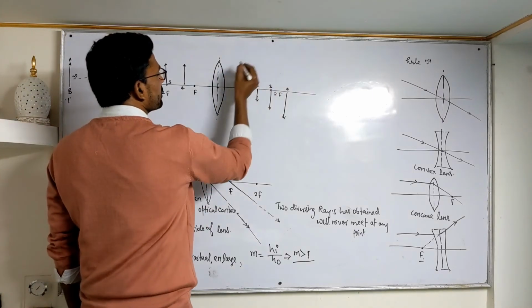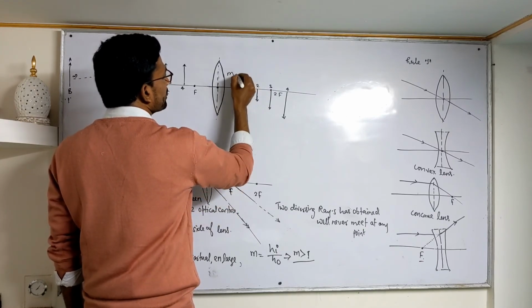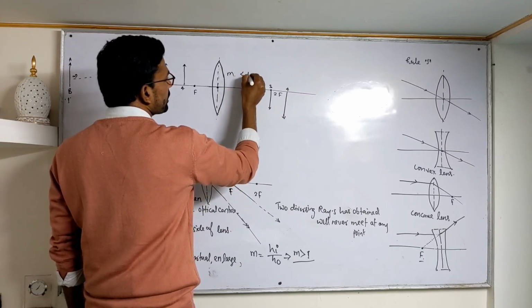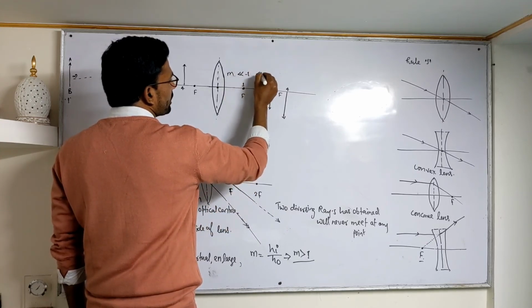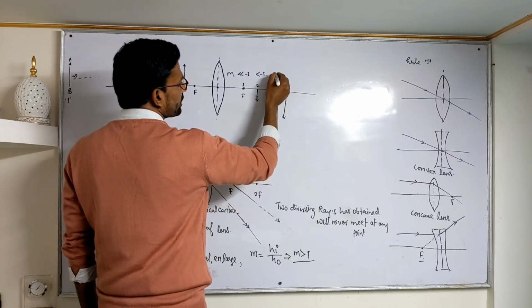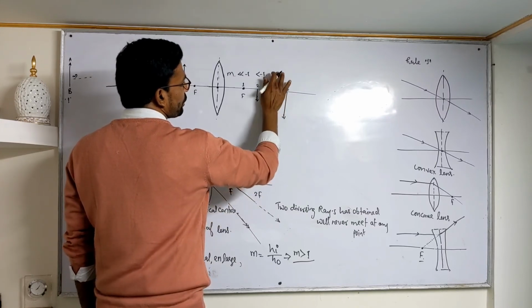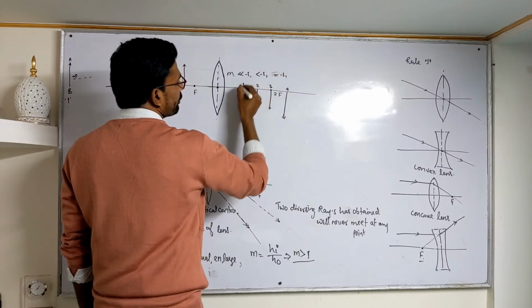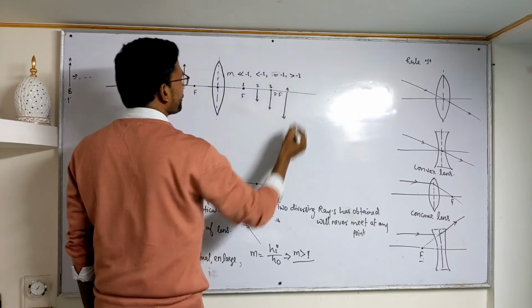Magnification I can represent here only. In this situation magnification m is less than -1, and in this situation m again is less than -1. In the third situation, magnification is equal to -1. In the fourth case, magnification is greater than -1.